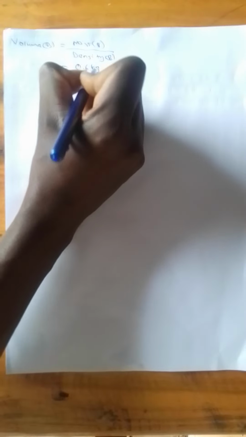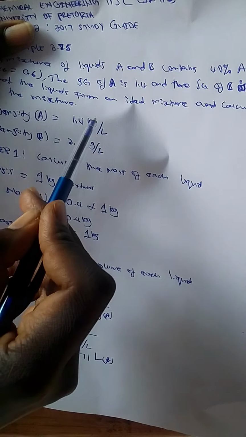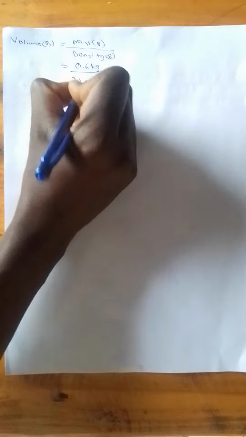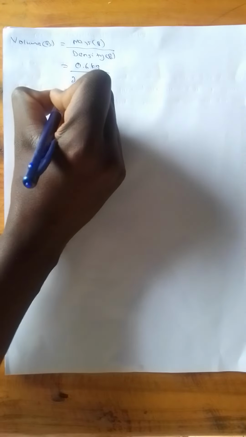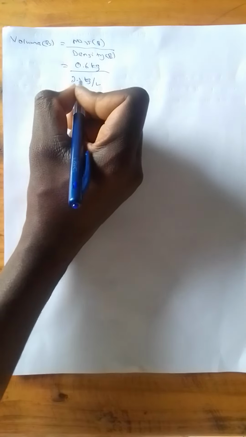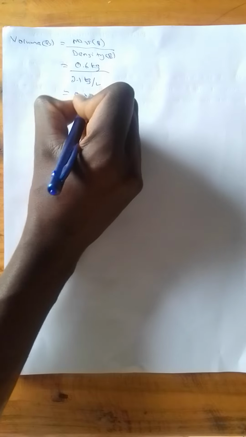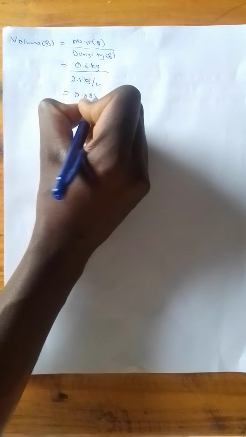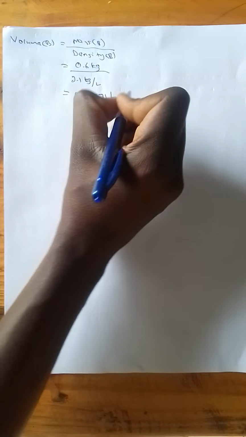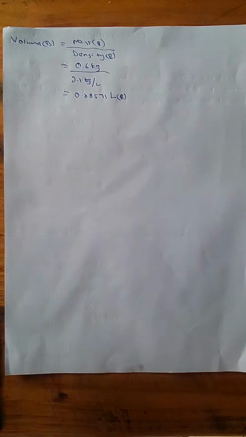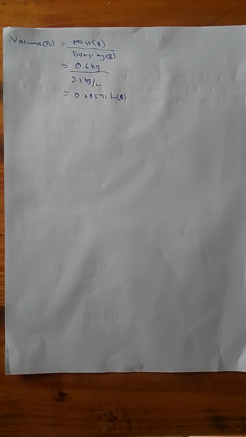You can see it here. So it's 0.6 kilograms over the density of B, which we calculated to be 2.1 kilograms per liter. Now the answer gives us 0.28571 liters of B.